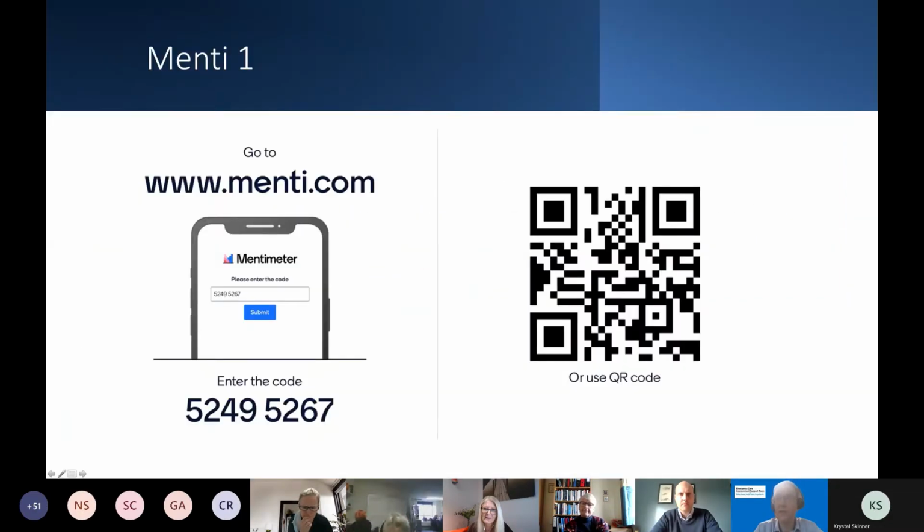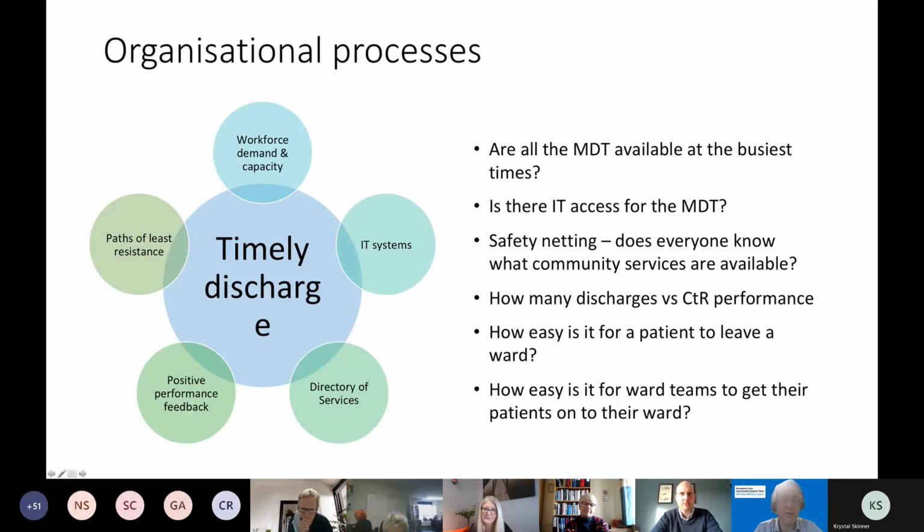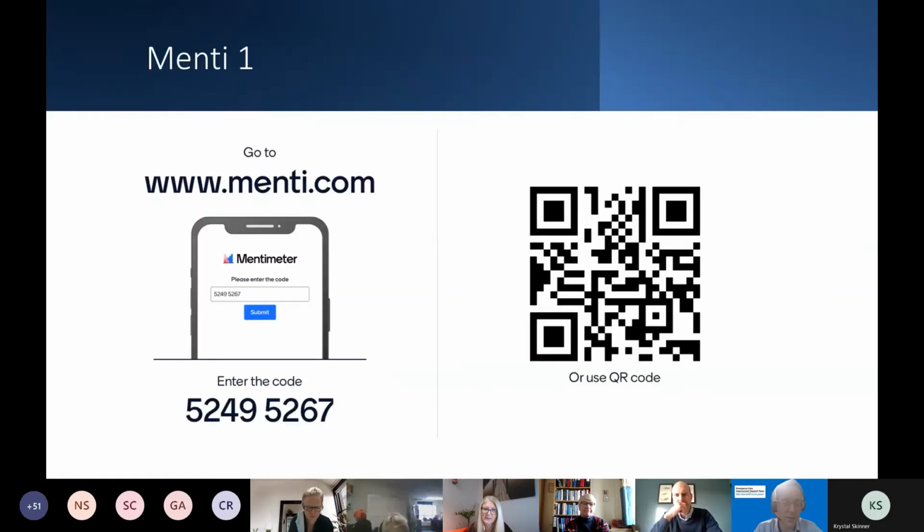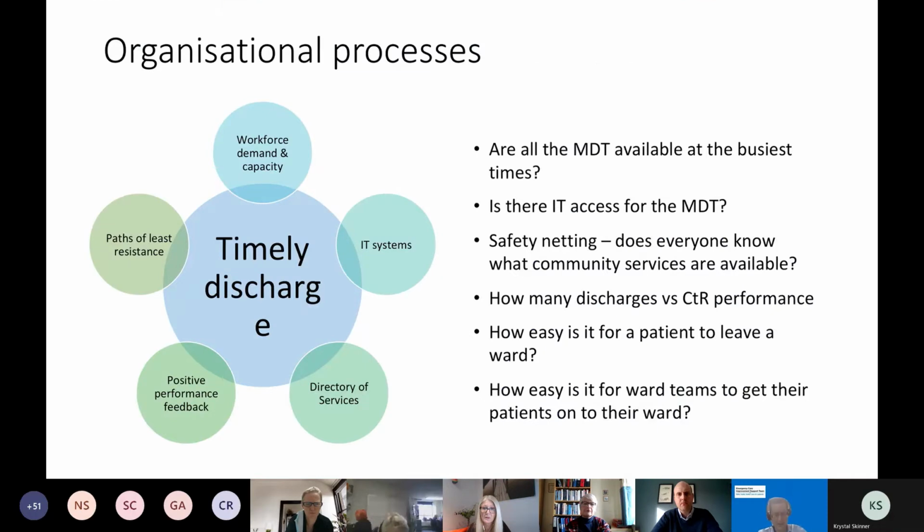One of the key things for us to reflect on in our conversation today are those patients who arguably we have more control over, in terms of when they're discharged, how they're discharged, and how much influence we as an MDT play in that. So next slide, please.